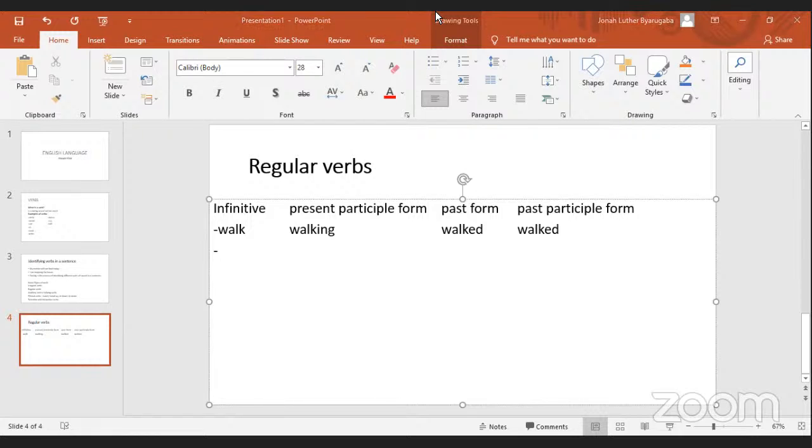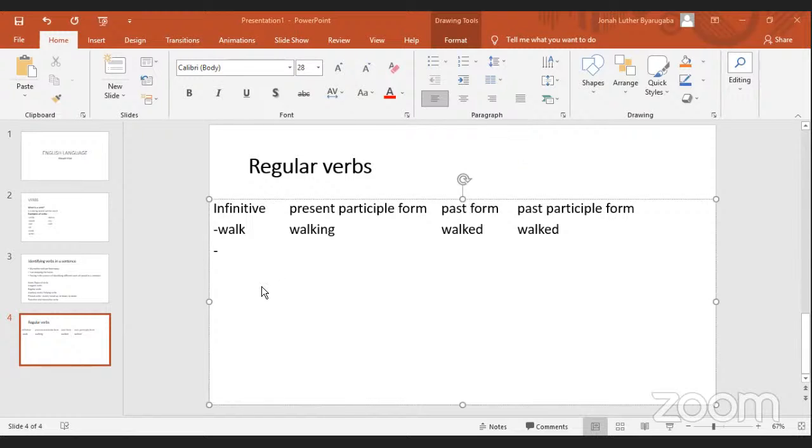Is there someone who can give us a verb whose past form is the same as the past participle form? You raise your hand and we pick you. We are only going to do this today. Yes, Nasha. What about talk?